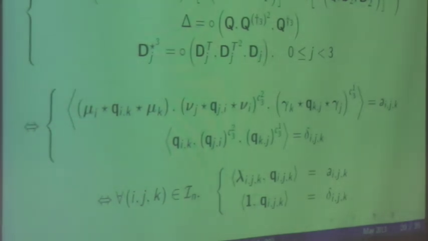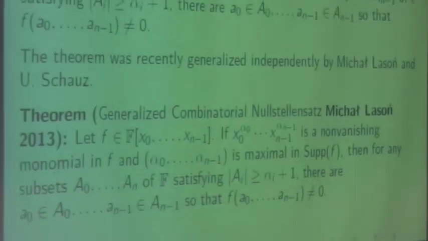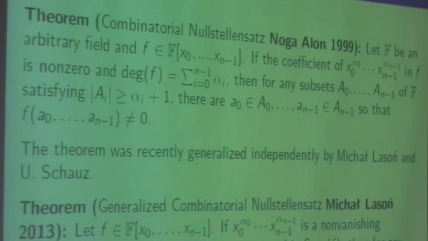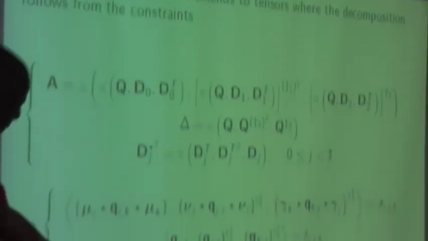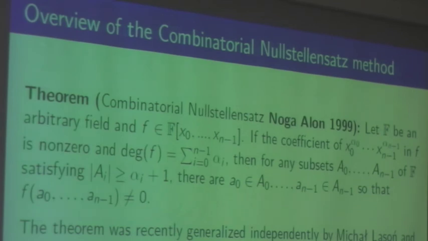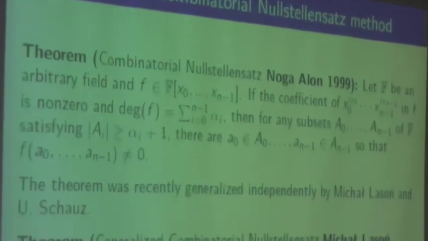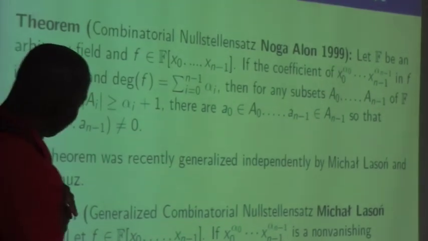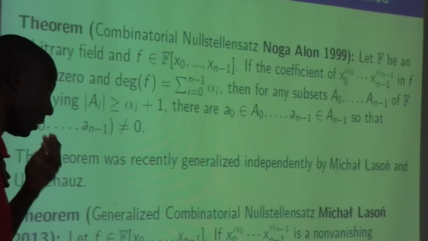All right, so what do we want to do now? I think at this point we're ready to shift gears, because I told you that we're back to algebraic constraints. So somehow you have to say something about how to solve algebraic constraints. And the inspiration comes from the classical paper of Noga Alon. Noga Alon proves this theorem, which was slightly generalized this year.